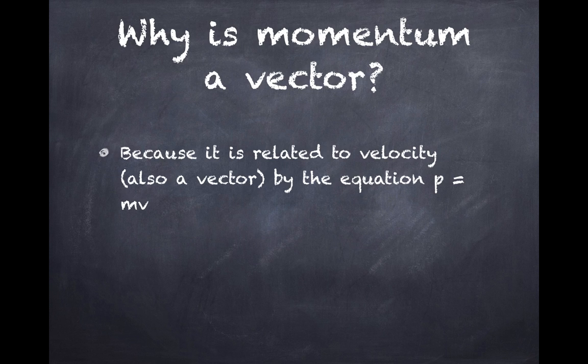Too much spoon feeding is not good. The answer has popped up on the screen: because it's related to velocity, also a vector. Detailed explanations are given in the next part when it is compared with kinetic energy.